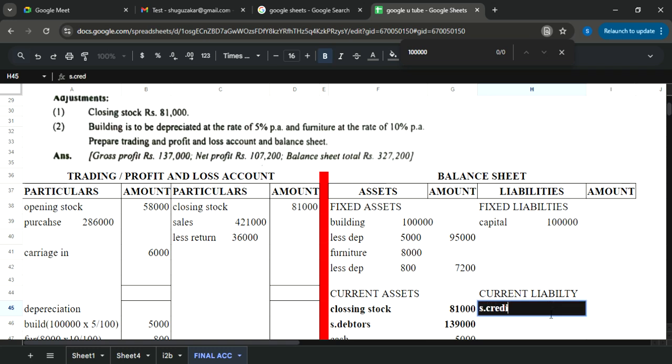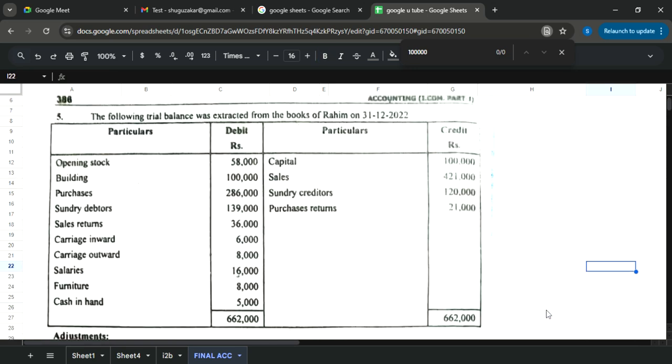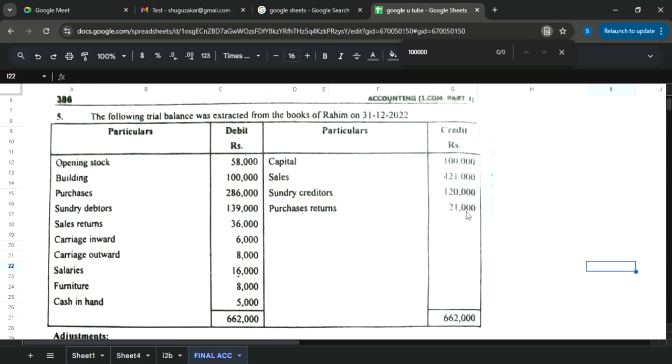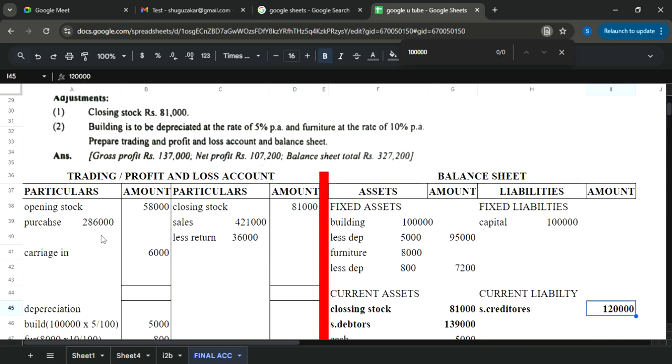So you will mention creditors here, and amount of creditors is 1,20,000, after which we have purchase return. So now you know that we have left this place for purchase return, and as you know, these returns would be subtracted.